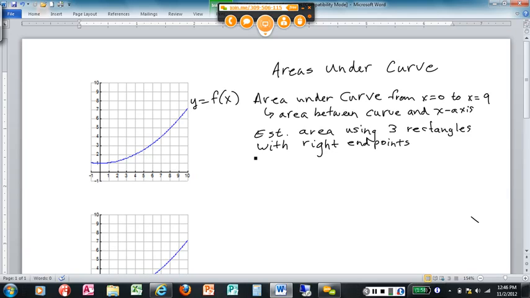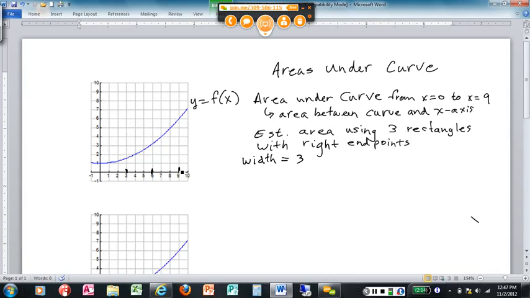When I say 3 rectangles, I mean 3 of the same size, uniformly wide. Since I want 3 rectangles and it's 9 units long, this divides up nicely into 3s, right? The width of each rectangle is going to be 3. I'm going to come out to 3, then 6, then 9. And that's going to be the width of my rectangles.